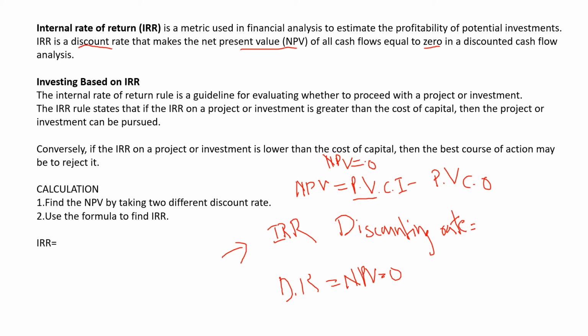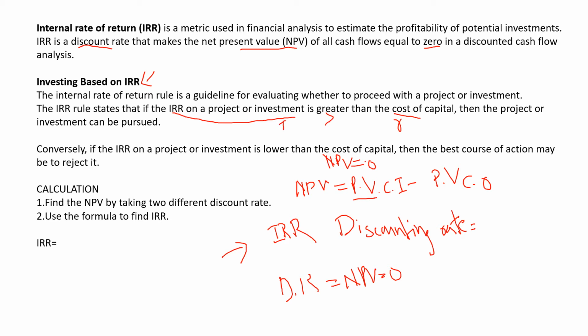Now coming to the investment rule of IRR. When will we accept a project, and when will we reject a project using the IRR method? We will be accepting a project if the IRR of the project turns out to be greater than the cost of capital.